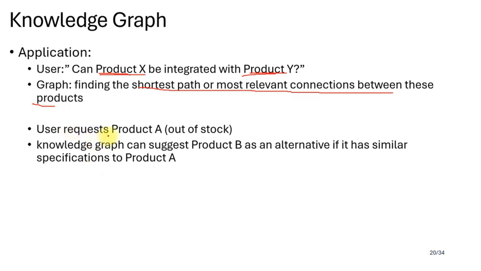So, for example, a user requests product A, but somehow it is out of stock. So now is the time for suggestion. We cannot say, oh sorry, we don't have product A. From a business perspective, that is not a good approach, to deny the customer. We can use the knowledge graph to suggest a product B as an alternative if it has similar specifications to product A. Someone can ask, do you have a pen?